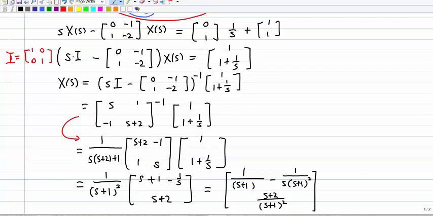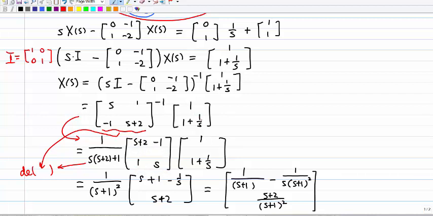So it's 1 over s(s plus 2) plus 1. This is the determinant of this whole matrix. And these are the cofactors: C11, C21, C12, C22. I don't want to write them over here.